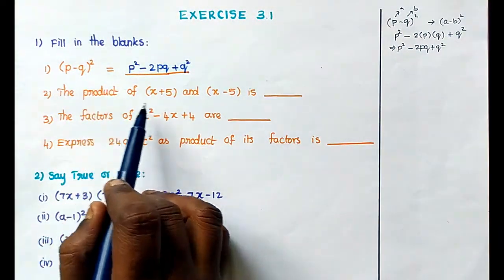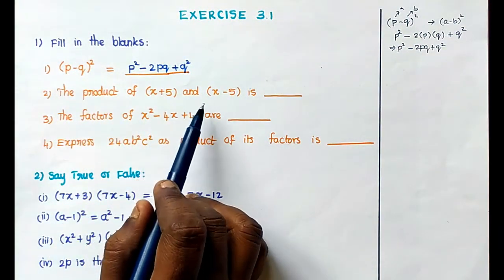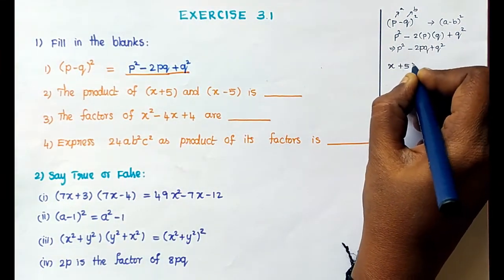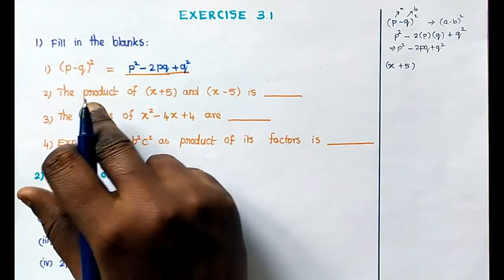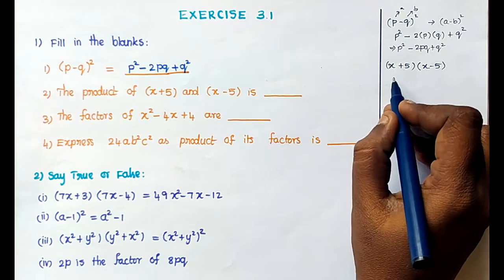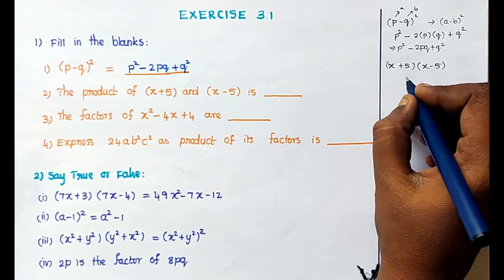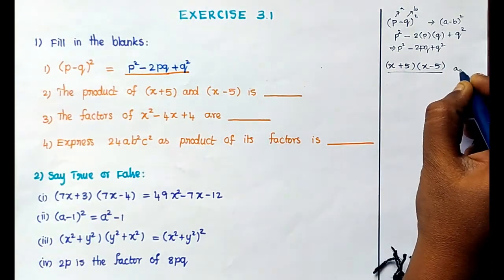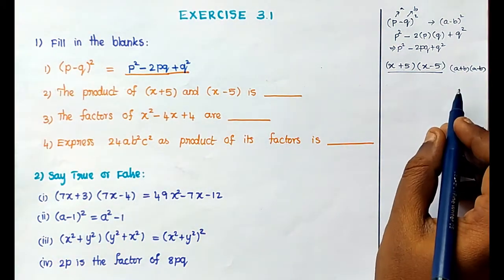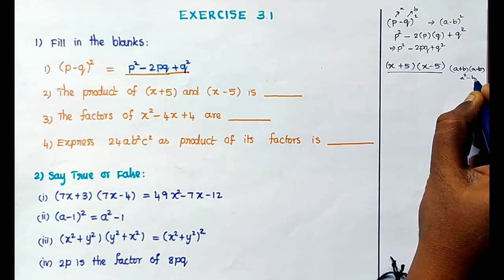Listen, the product of (x plus 5) and (x minus 5). Product means multiplication. So, (x plus 5) into (x minus 5). This is in the format (a plus b) into (a minus b). What is the formula? a squared minus b squared.